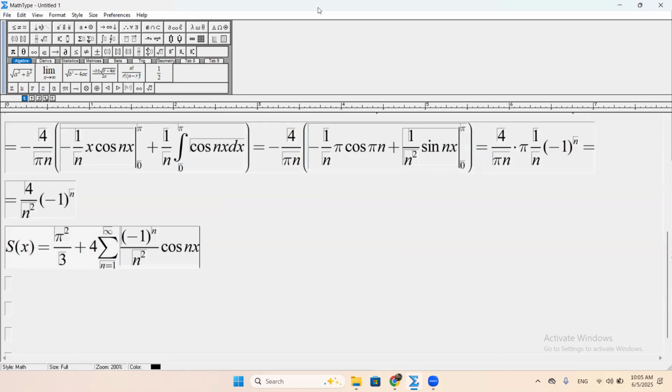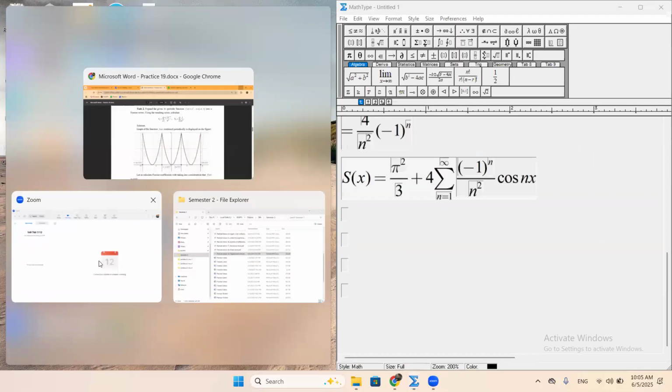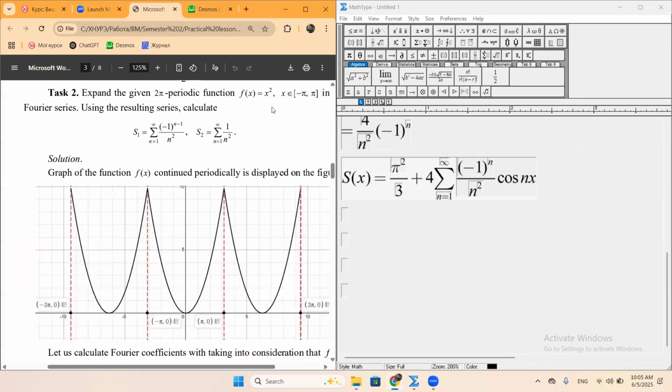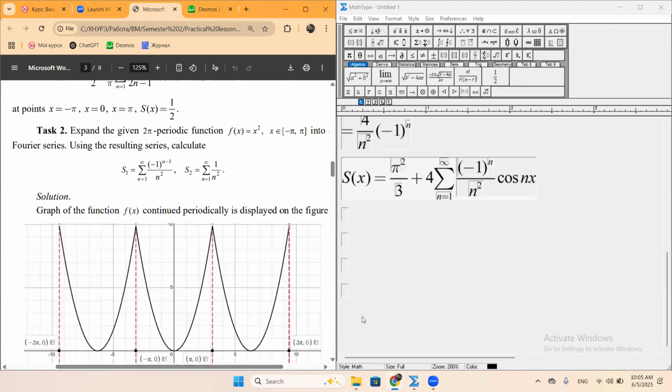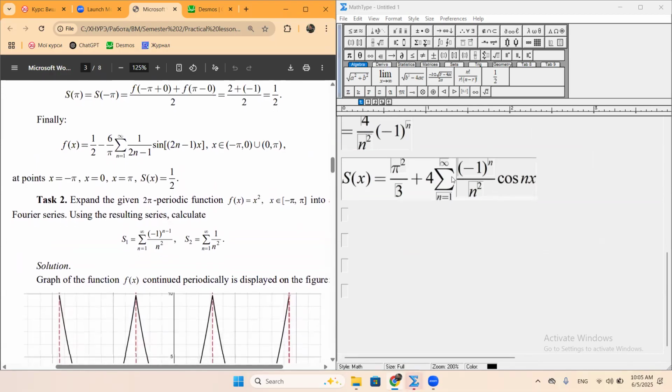So we received the following series. And how to calculate the numerical series that we have to calculate? Let us look at this part and at this series. Something is similar. How to receive, for example, S1?